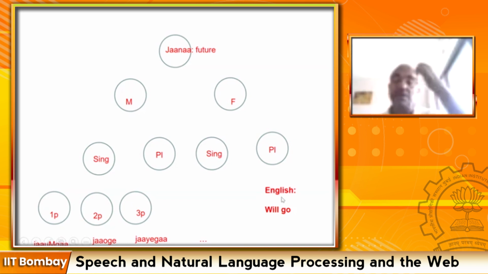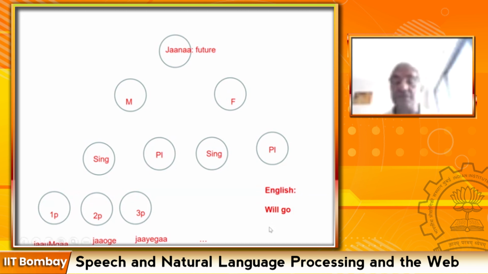So English has what is called isolating morphology. That means the morphological information is typically isolated from the word form. So go is the root form of the going activity. The gender, number, tense, person will be separately indicated by an auxiliary verb.